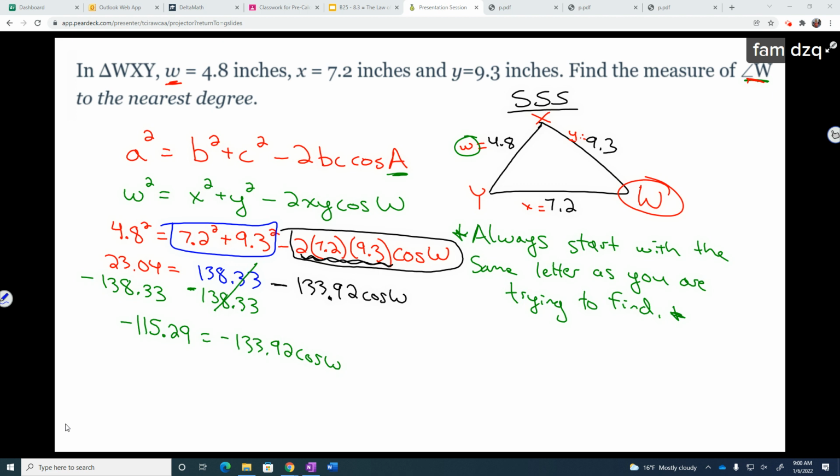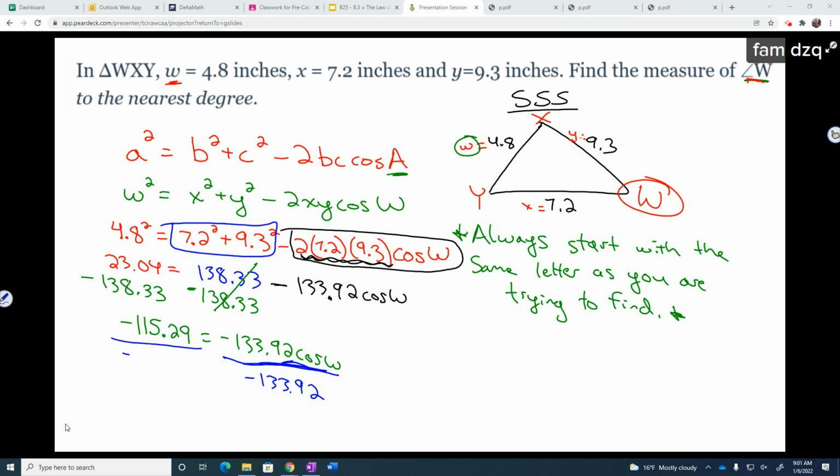Okay, then what would be next? So although this looks like a negative, right? This is attached to this, right? It's next to it. Yeah, so we have to divide by this number. So this is going to be a division. We're going to divide by negative 133.92 on both sides.